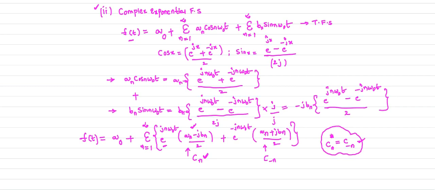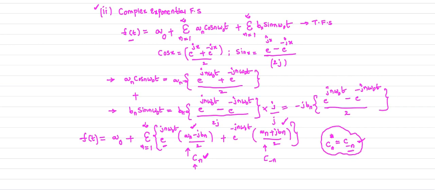Now how can I represent an plus jbn by 2? An plus jbn by 2 is nothing but the complex conjugate of an minus jbn by 2. Now if you take cn conjugate, I will get this factor. How can I represent cn conjugate? C suffix minus n.